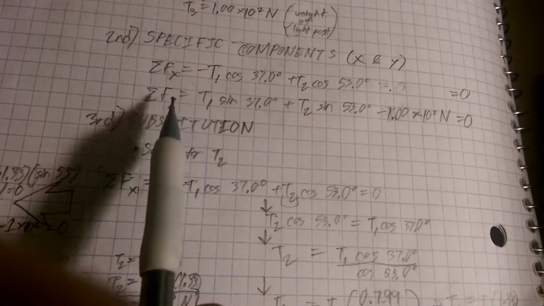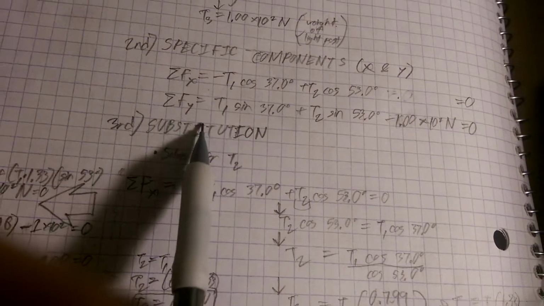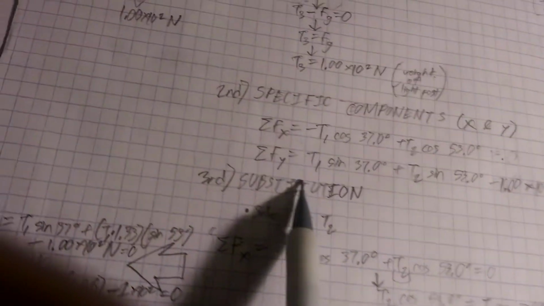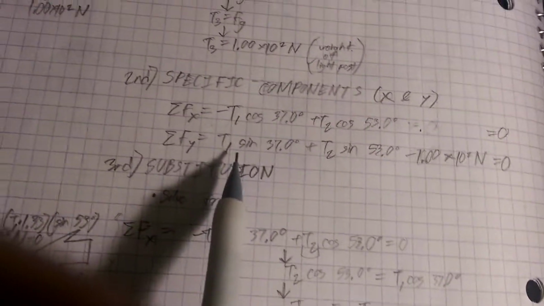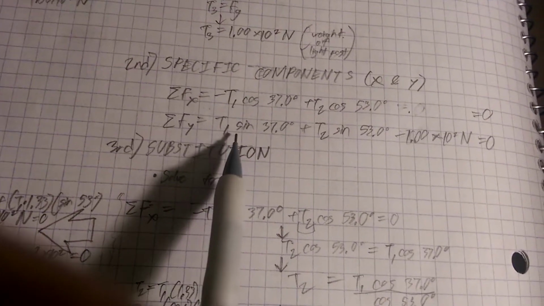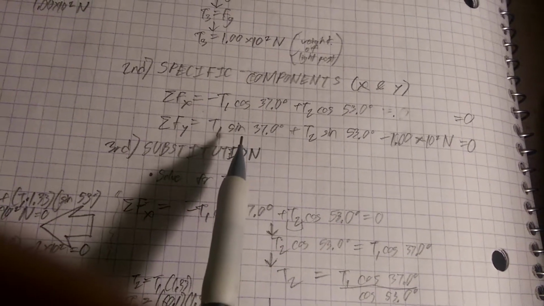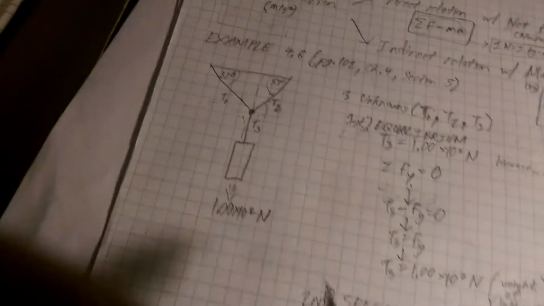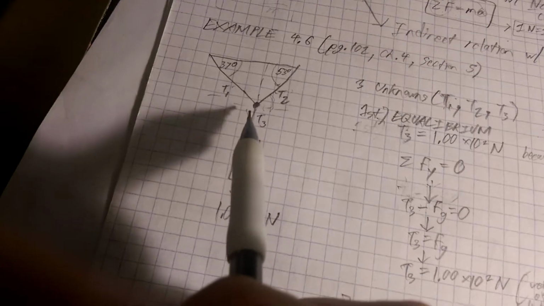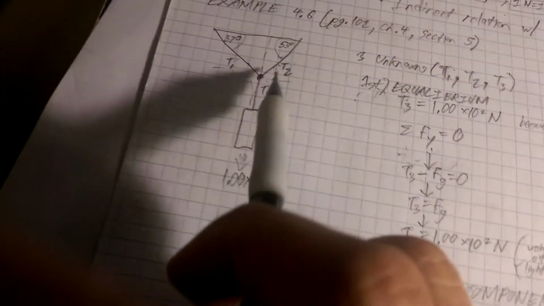And then for the second component, the forces going up and down on the y-axis, you have to apply, again, the 2 cables. They apply because they're diagonal, so they are going in an up and down motion.